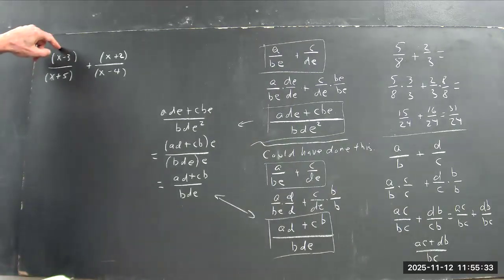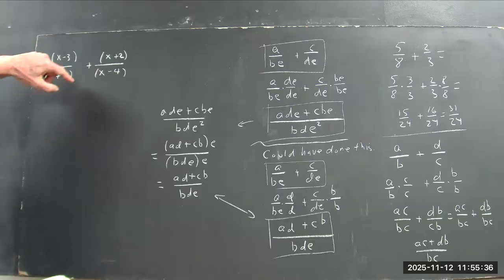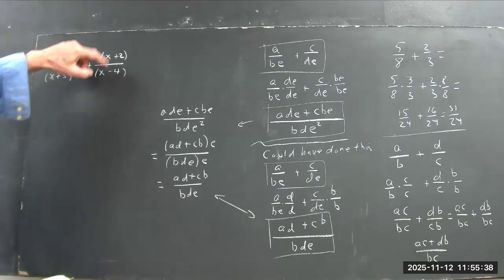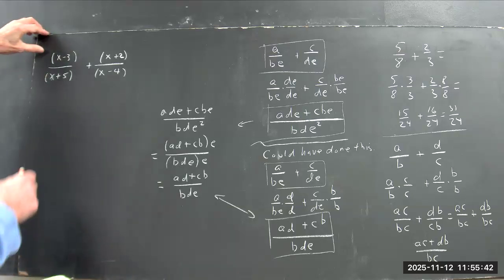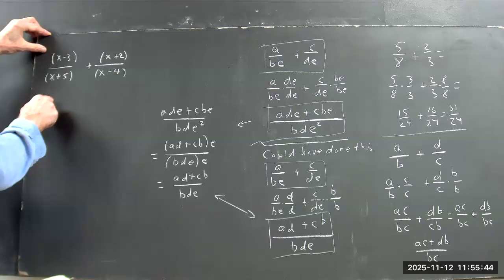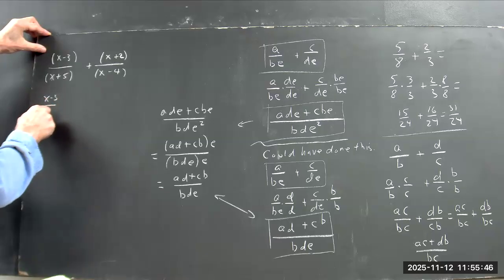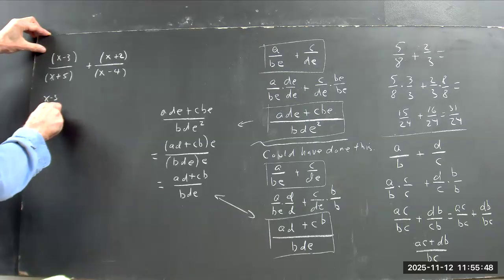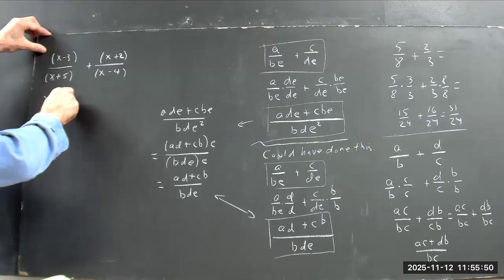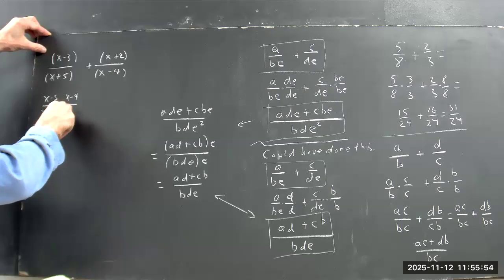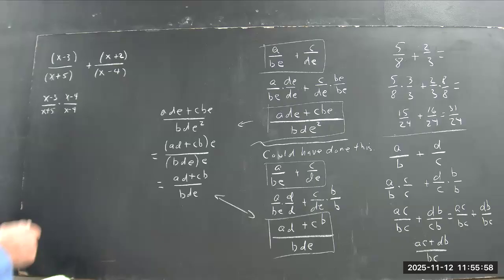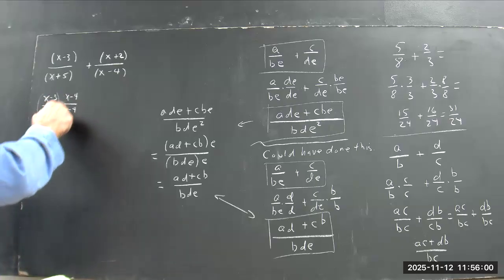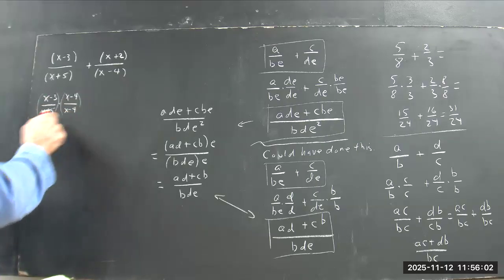Okay, again, we have x minus 3 over x plus 5 added to x plus 2 over x minus 4. We want a common denominator. Well, if we do this, write out x minus 3 over x plus 5 and multiply it by the denominator of the second fraction, x minus 4 over x minus 4, then our denominator will be x plus 5 times x minus 4.